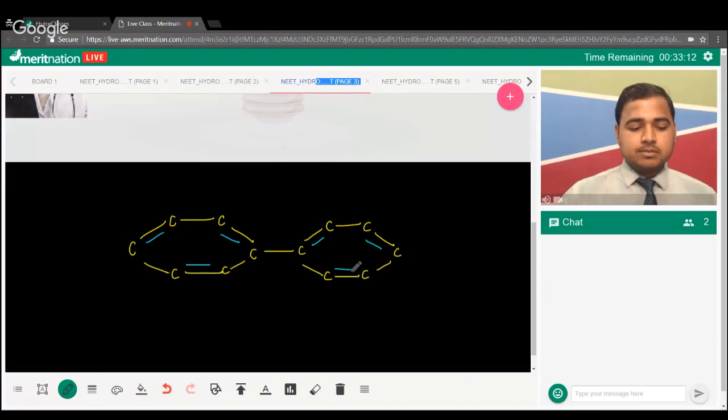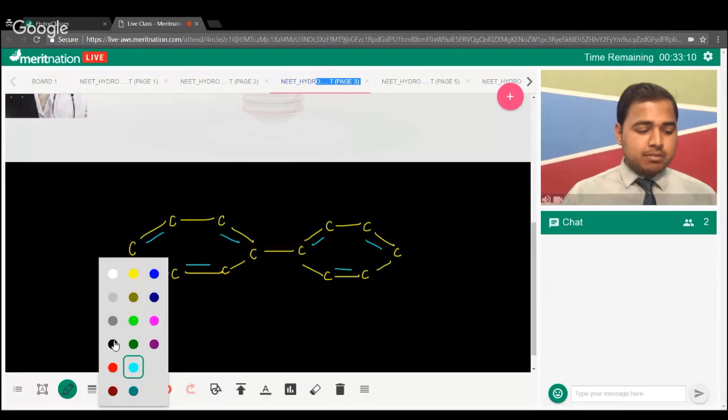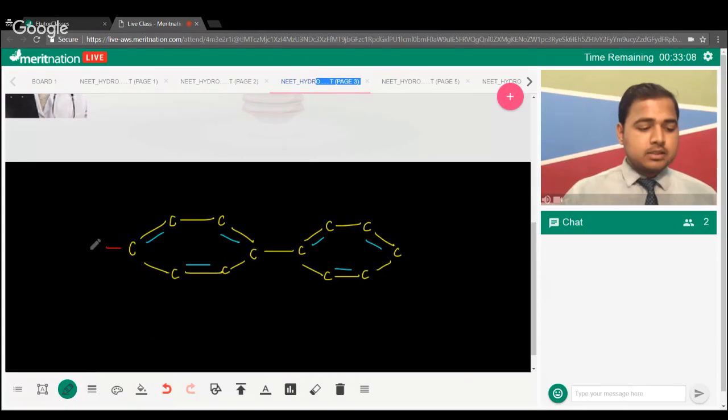Each and every carbon atom is trigonal planar. You can see here H, this is H, this is H. These are on the same plane. These are on the same plane.